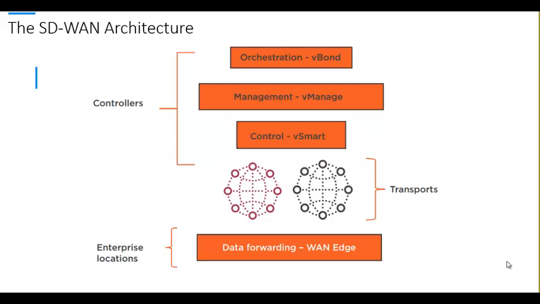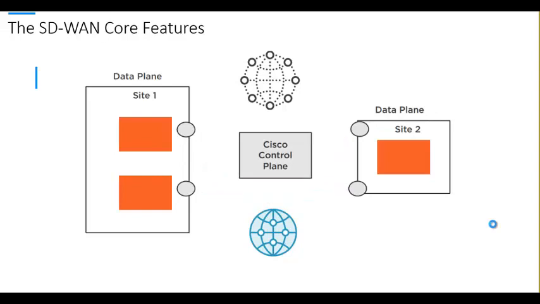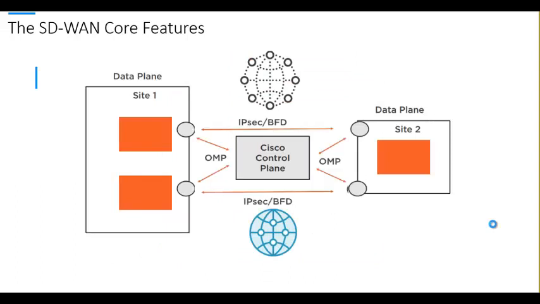So when we talk about vSmart, vSmart is the brain, the controller. vSmart gets the knowledge of the topology. You see the control plane, in the middle, between the sides, we got a control plane, Cisco control plane, which is called vSmart.